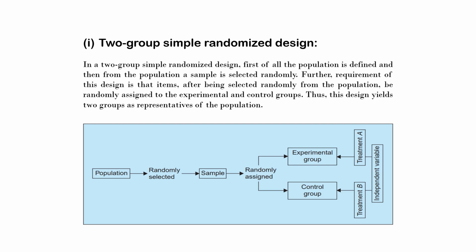The first one, two group simple randomized design, is when we divide the population into two groups, an experimental group and a control group. Then we add different independent variables as treatment and compare the results.